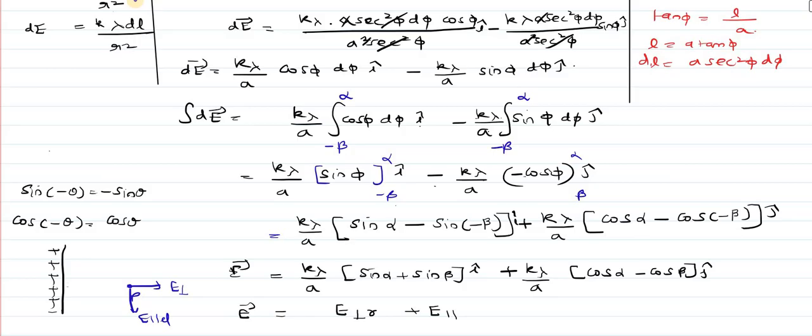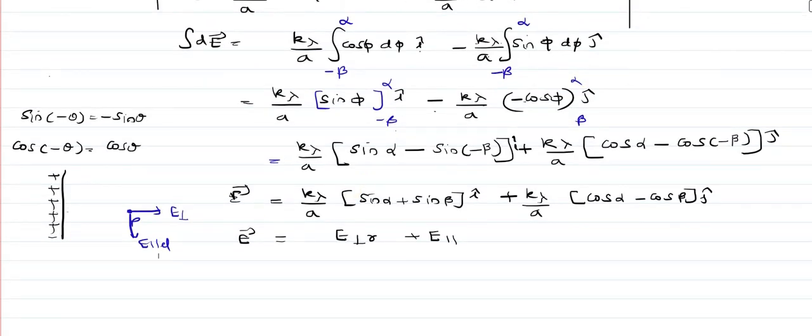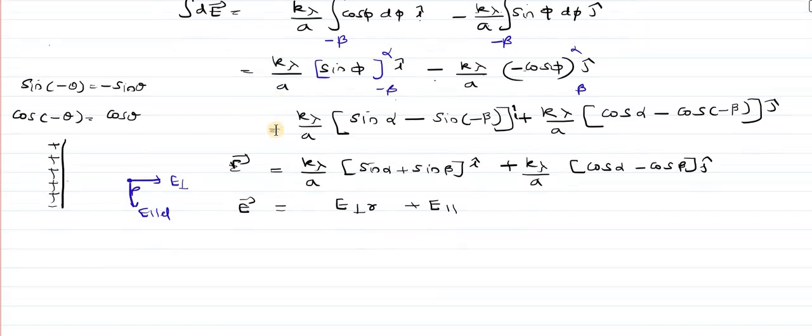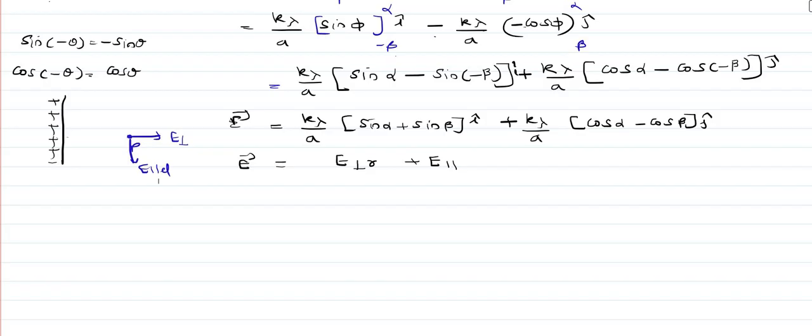Done? Now, next is what? I will show you because we need the reference, right? So first thing: this is my rod and this is my point P. Here this is A I have taken, and this is alpha, this is beta.